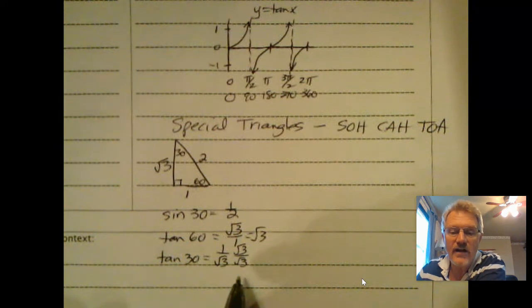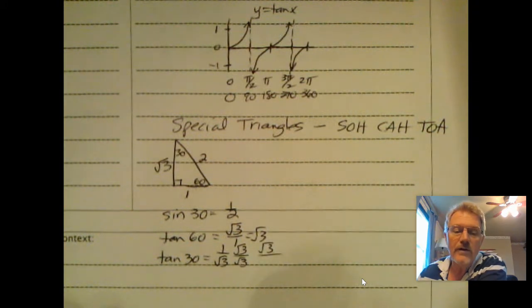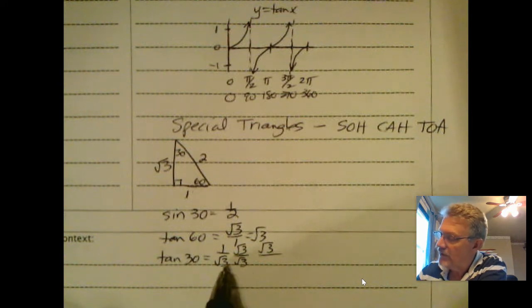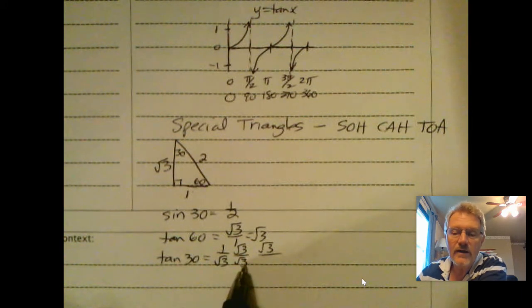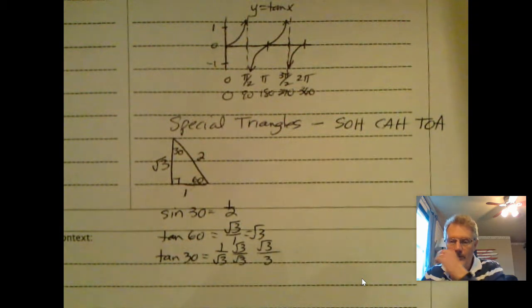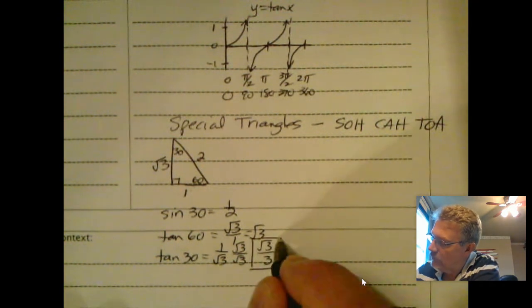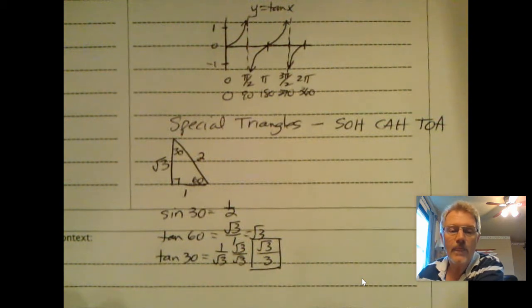It's not going to change the value. And then 1 times radical 3 is radical 3. Radical 3 times radical 3 is 3. Multiply what's under the radical. 3 times 3 is 9. Square root of 9 is 3. So we don't leave a radical in the denominator.